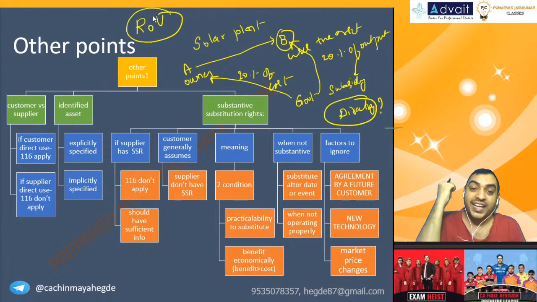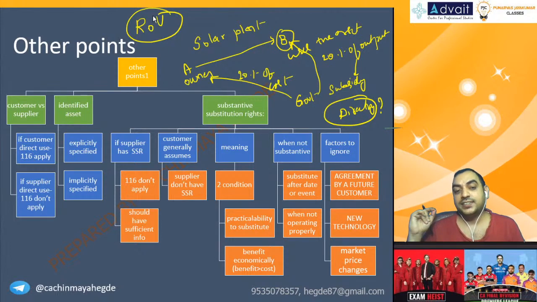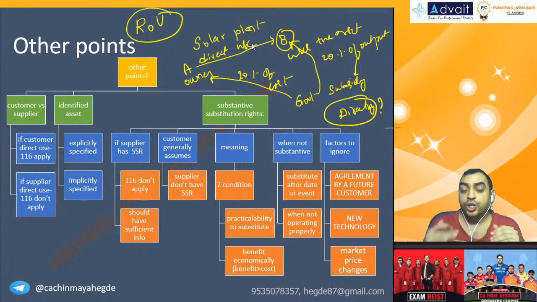The standard Ind AS 116 applies. But if A were to direct the use, that is, A tells you should produce this many units, A tells you this day you should not produce, A tells you cannot use more than this, then when A directs the use, A will get the right of use, not B. Ind AS 116 doesn't apply.